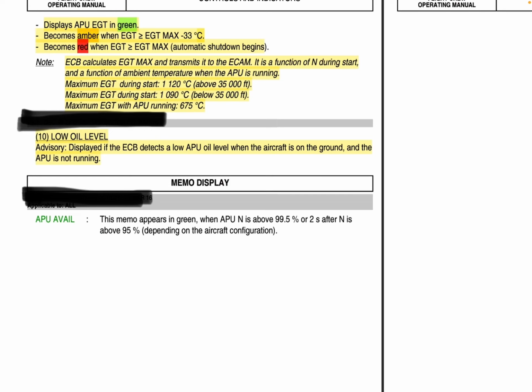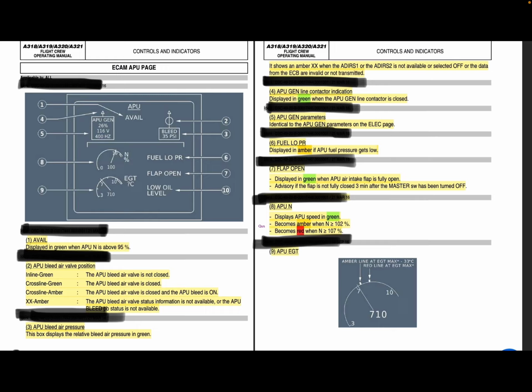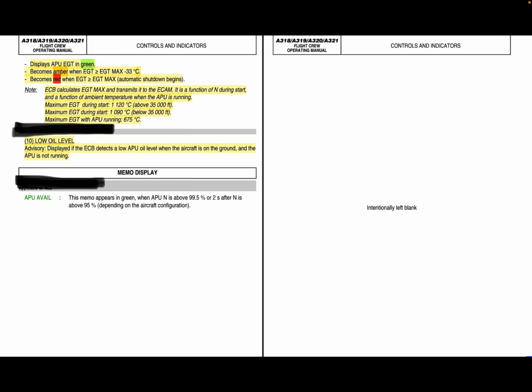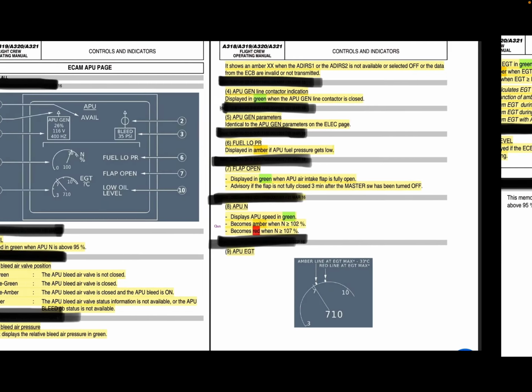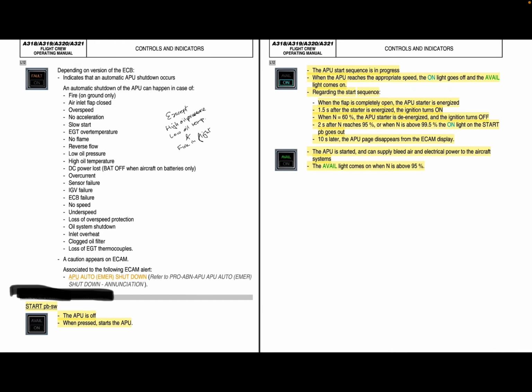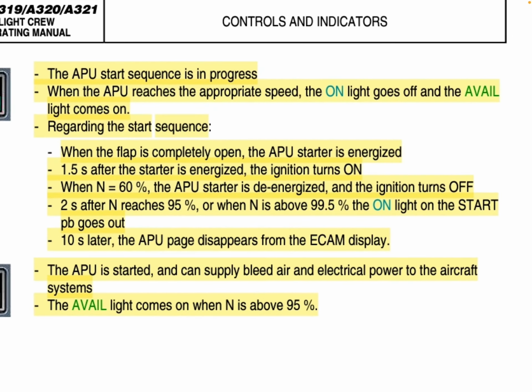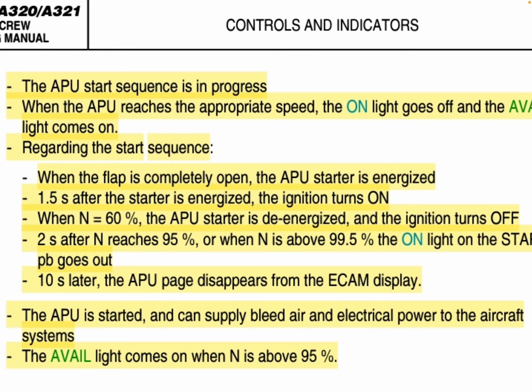There is an APU AVAIL memo display also. When does it come? It comes in green when N is above 99.5% or when it has been 2 seconds since N reached 95%. It depends on the configuration. We have studied it here also. As I told you, these lines are very important here.